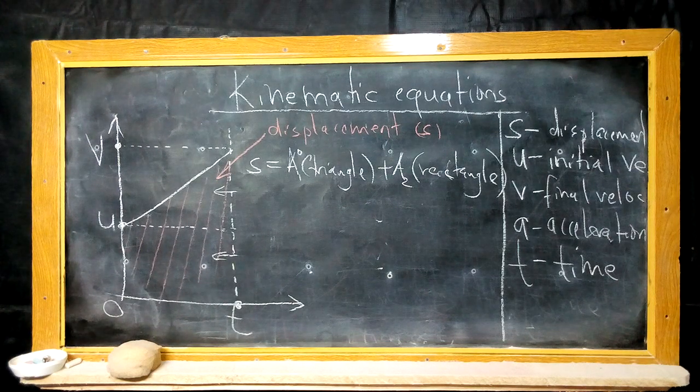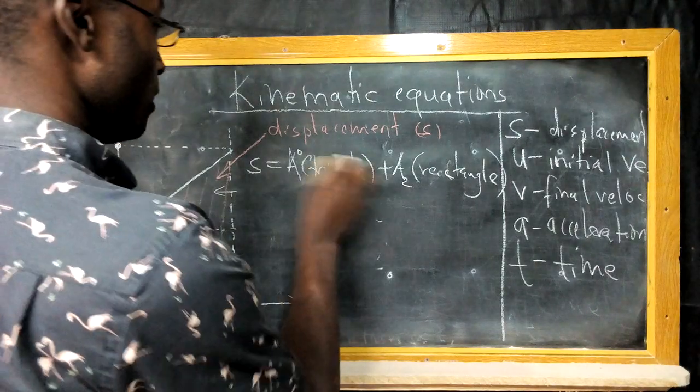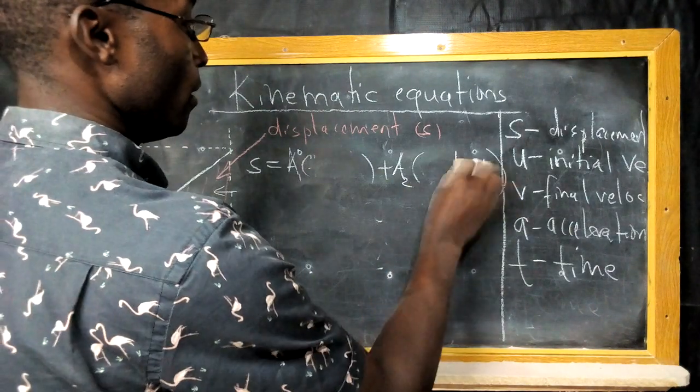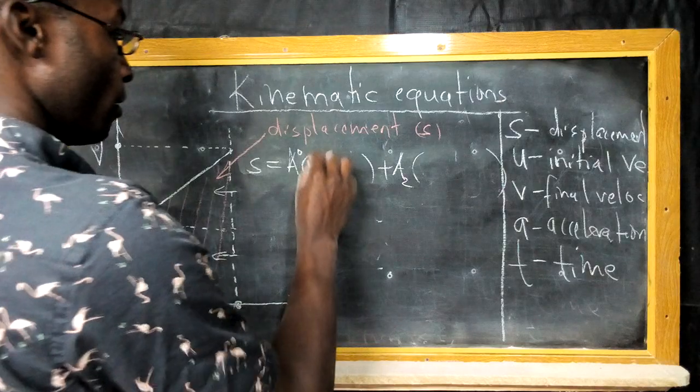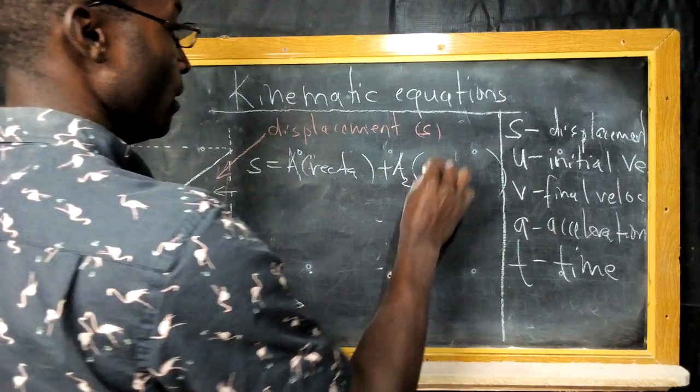Or maybe we can just commutatively indicate one against the other. A plus B is the same as B plus A, so we can start with any. For the sake of uniformity, we can just start with the area of the rectangle and then the area of the triangle.